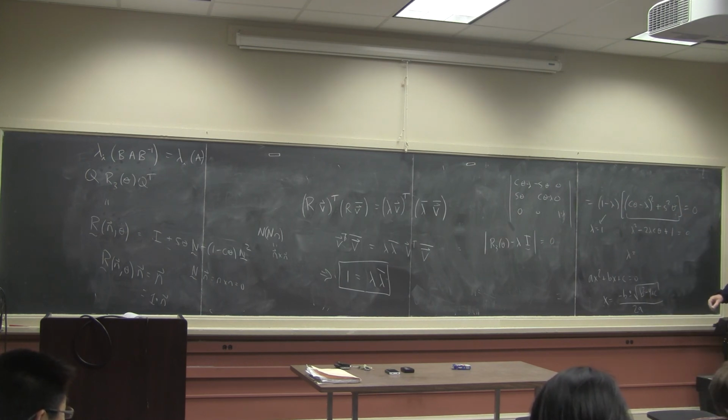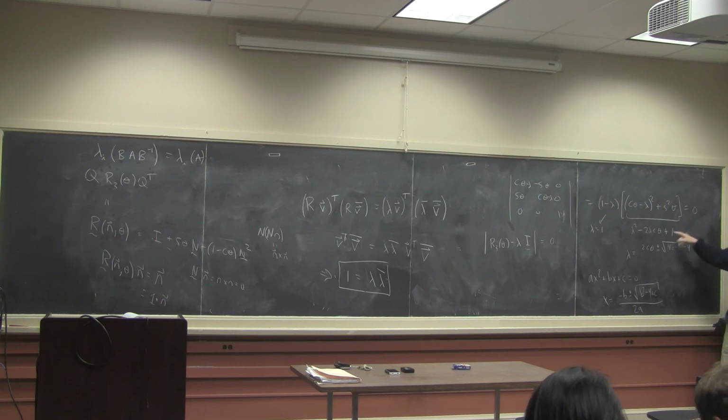But okay, so lambda is equal to 2 cosine theta plus or minus the square root of b squared, which is 4 cosine squared theta minus 4 times this times this, all over 2.